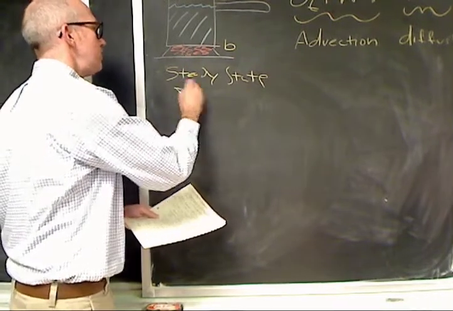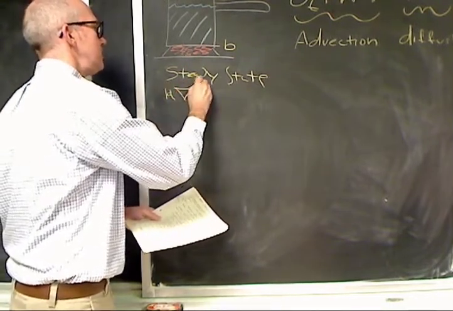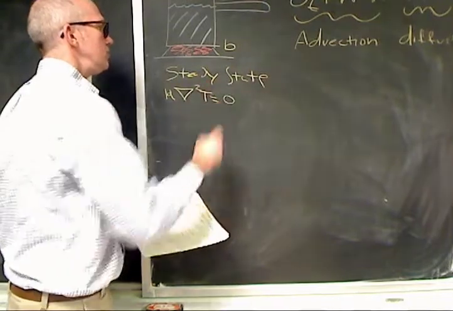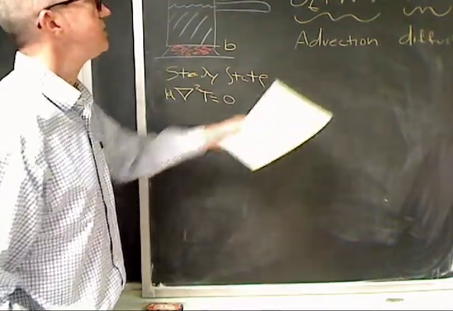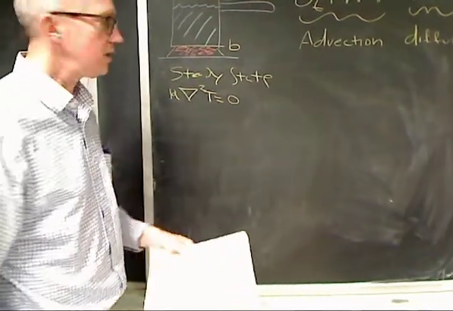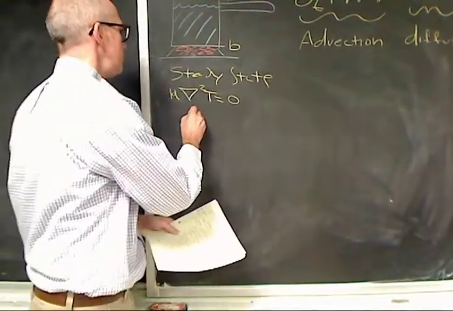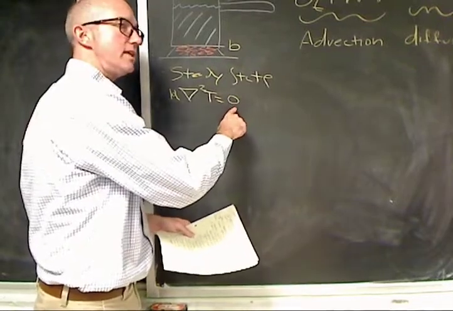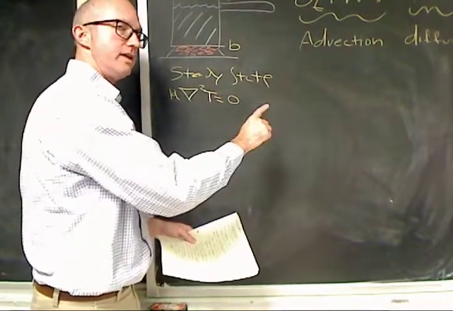So we're left with kappa times del squared T equals 0 because it's in steady state. So that means that if I integrate this once, I get a constant. And if I integrate it again, I get a line.